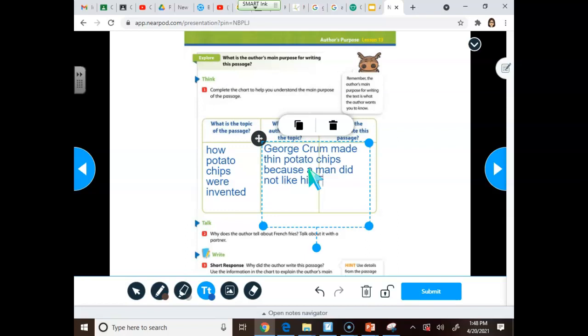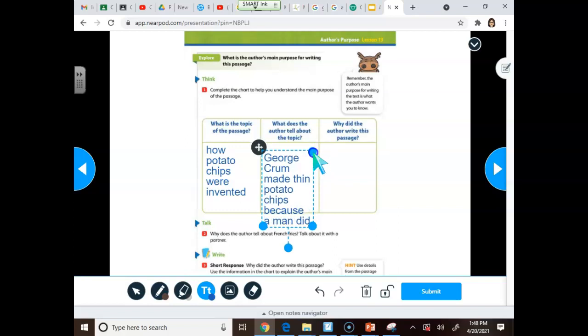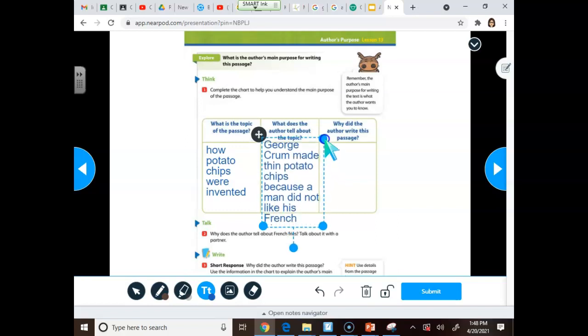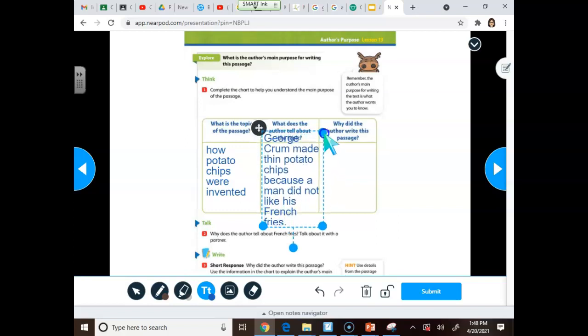His French fries. Right. George Crumb made thin potato chips because a man did not like his French fries.